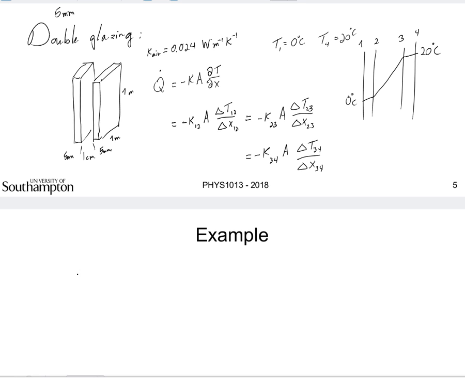So we can say delta T12 is equal to, so it's going to be Q dot over A times delta X12 over kappa 12, and there's a minus somewhere, right? You agree with this? Okay, let me write it immediately as T2 minus T1.